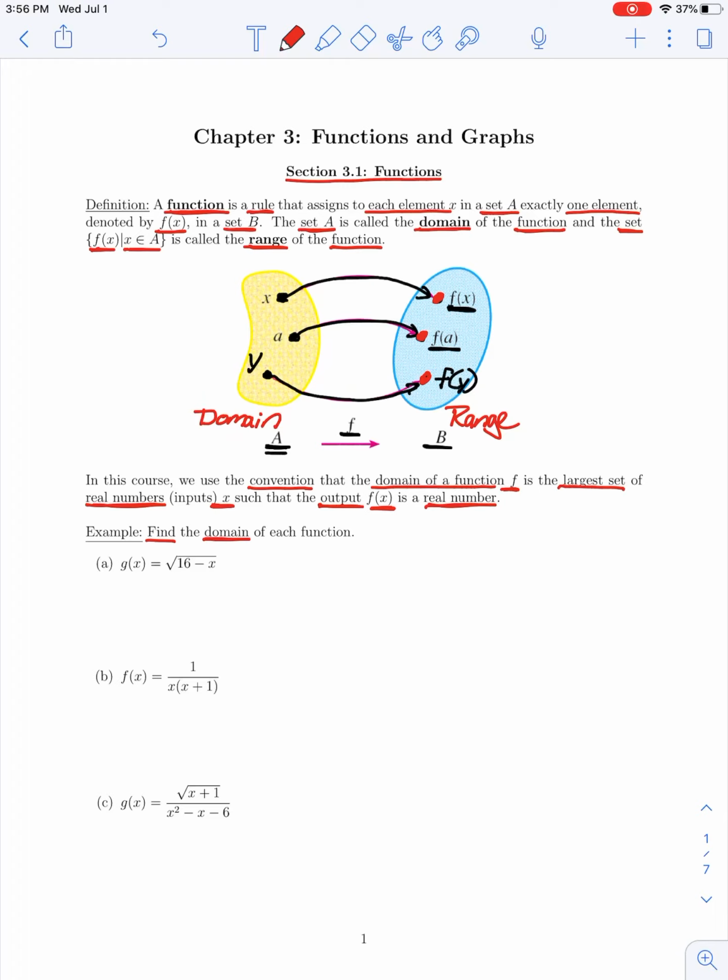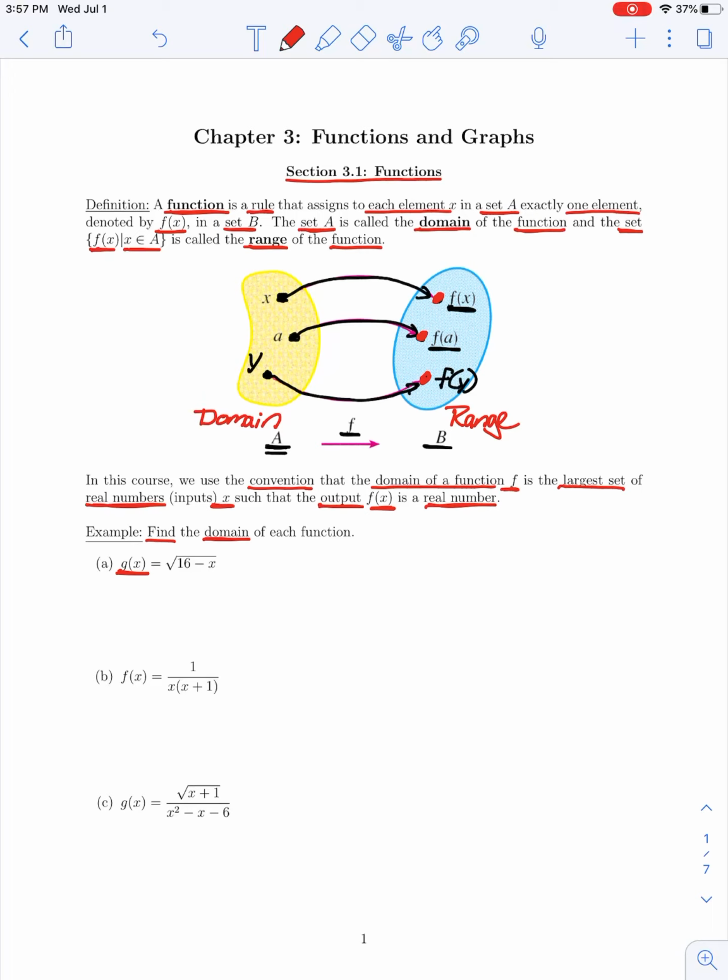So in part A, we have a function g of x. So we might use variables other than f to denote functions. In this case, we use g of x. And it's defined as the square root of 16 minus x. Now we know in order for the square root of a number to be defined as a real number, we have to be taking the square root of a non-negative number.